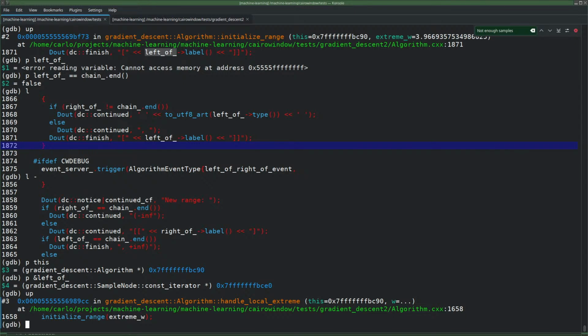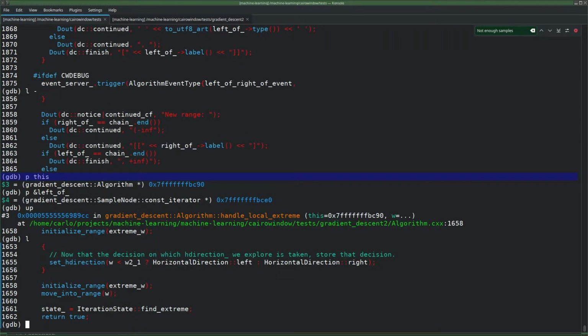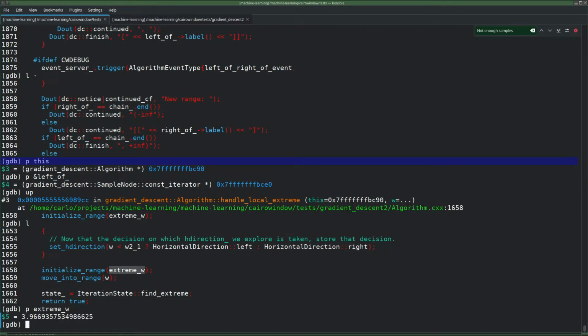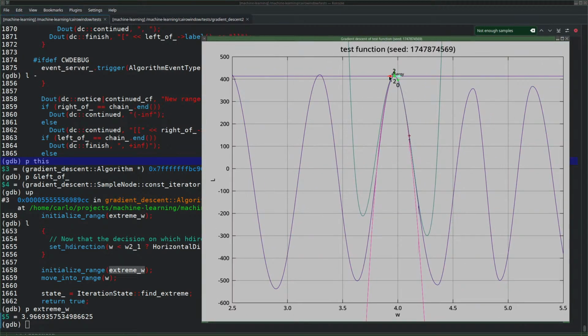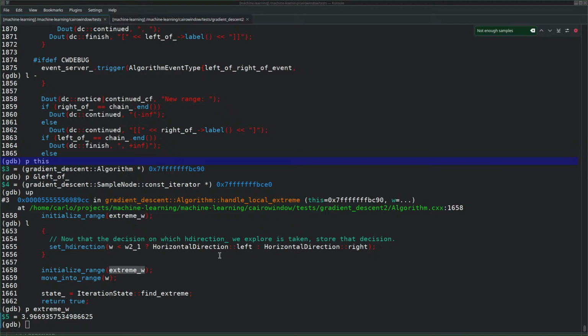Initialized range should assign it, because that's what it's supposed to do. Assign left off and right off. According to what is being drawn here, left off is already assigned before, at least once.